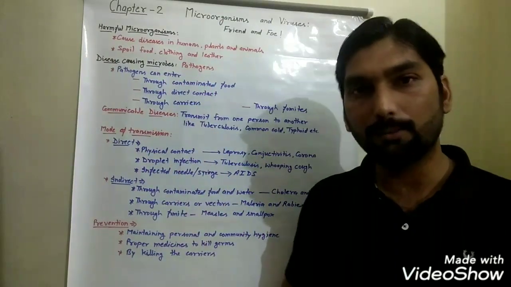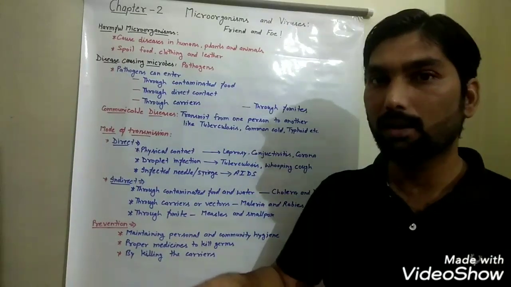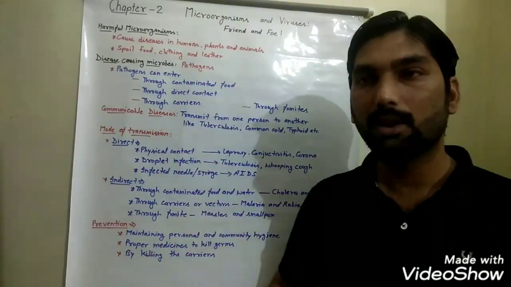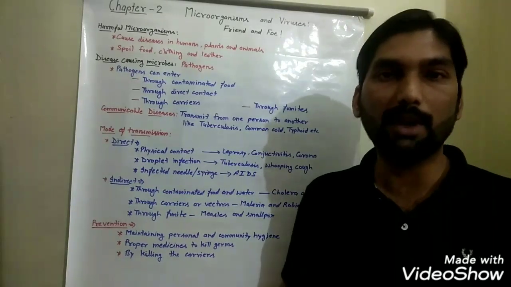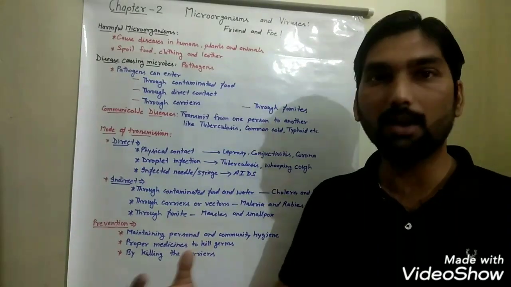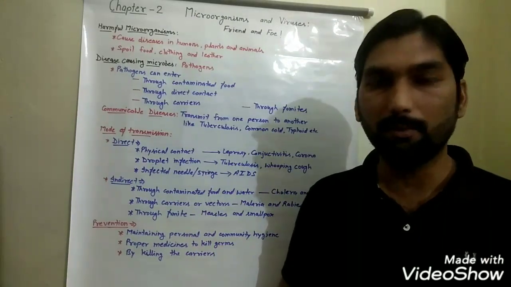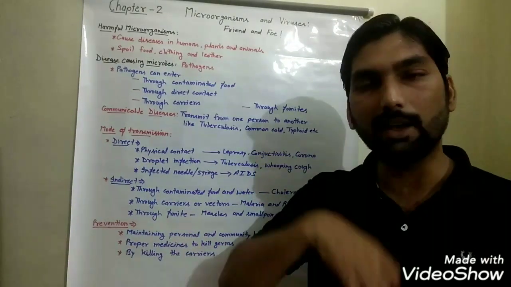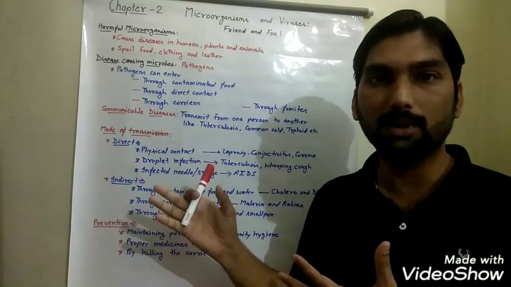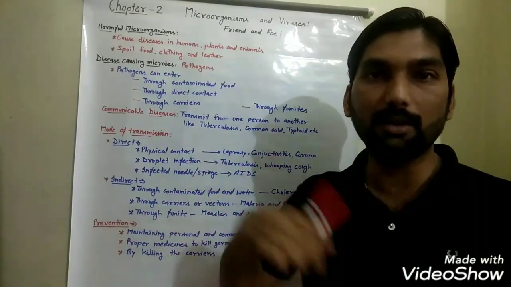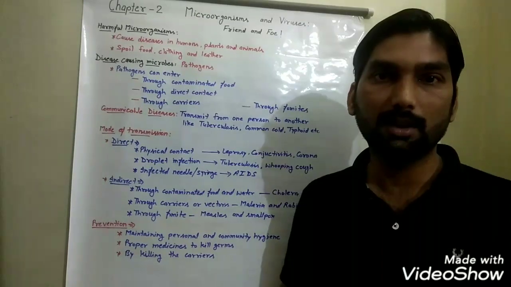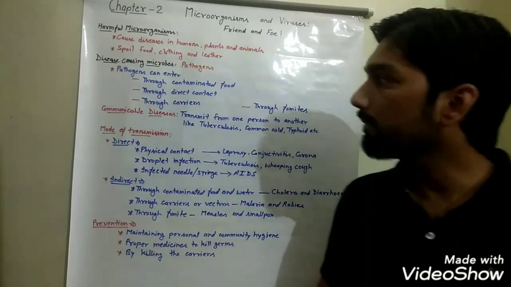Contaminated food means food that is infected by these pathogens or germs, since we all, humans and animals, obtain our food from the external surroundings. So it is possible that when we ingest the food, these microbes get a chance to enter our body and cause disease.